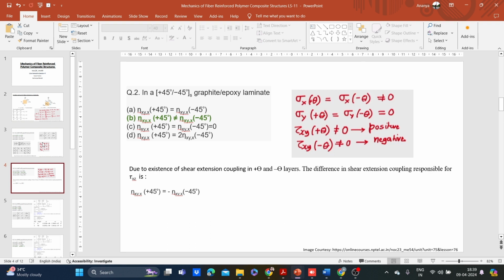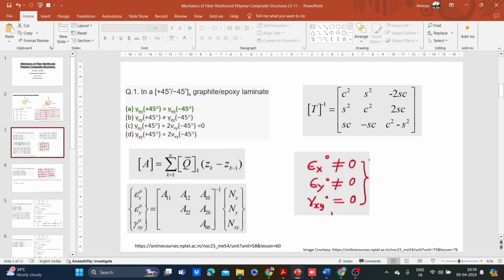But still the values of longitudinal and transverse response will be the same. That's why the Poisson's ratio will be the same, because even if it's minus 45 or plus 45, the transverse and longitudinal load will remain the same in both these laminas. As those values are the same, their ratio will also be the same. That's why the Poisson's ratio will also be the same.